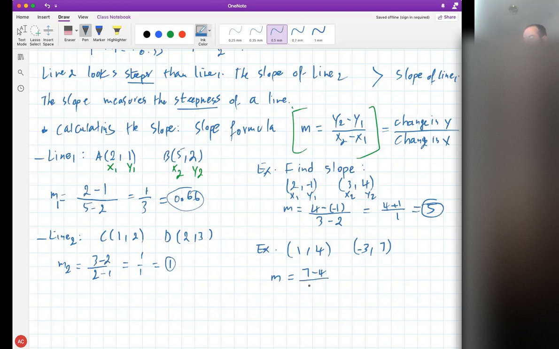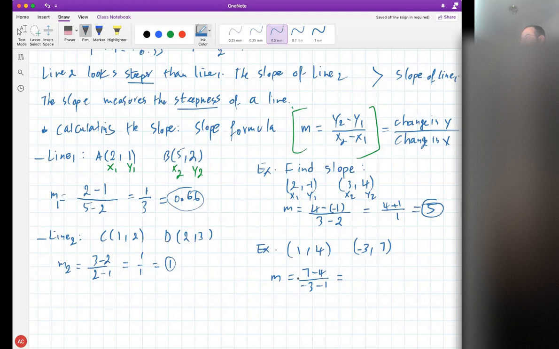And over 3 minus 1, this x minus the other x. If this one had a minus itself, there would be another minus here, but in this case it's just negative. There's always a minus, so minus 3 minus 1, 7 minus 4.